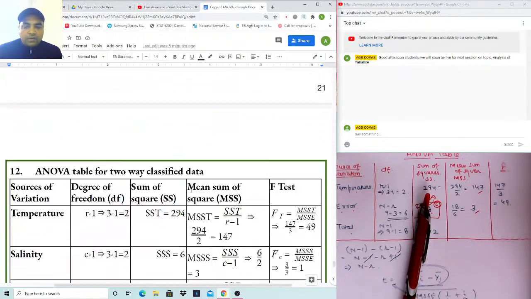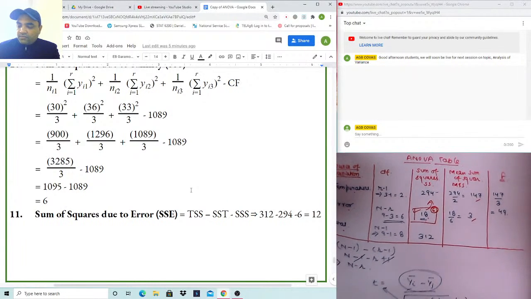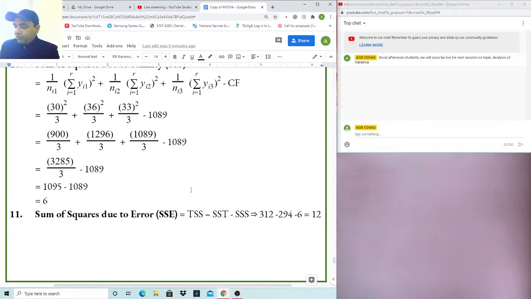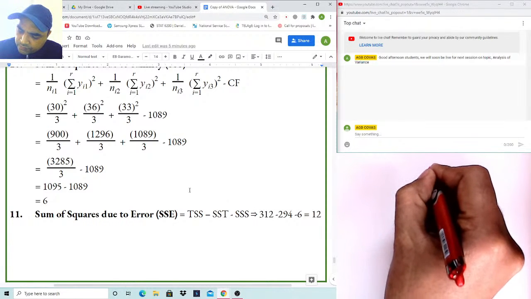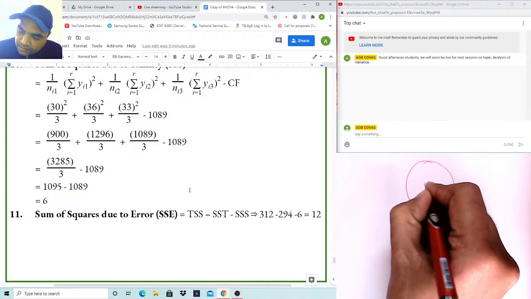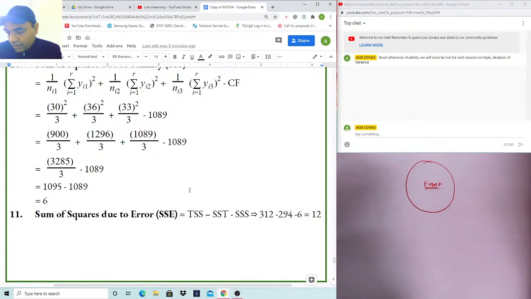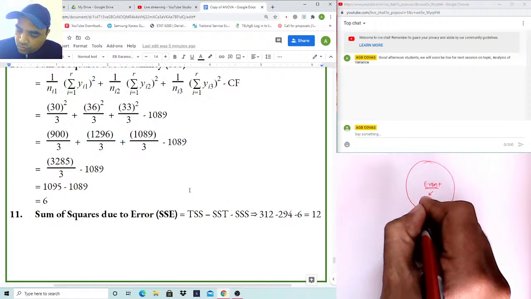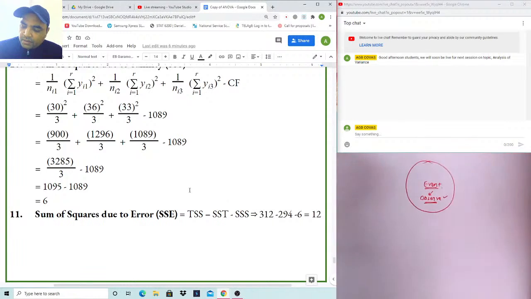And what I want to tell you here is why this analysis of variance is very important for any investigator. Say for example, for any event that is happening in nature, you observe something, right?